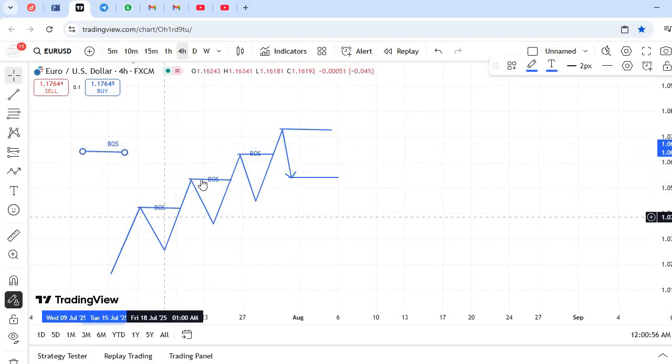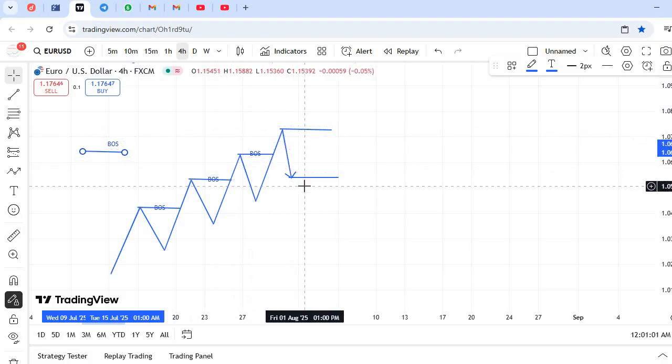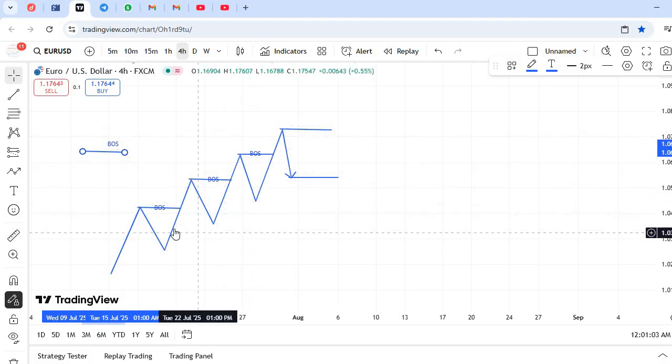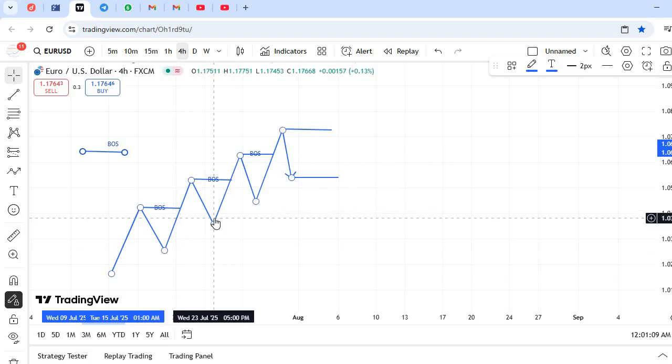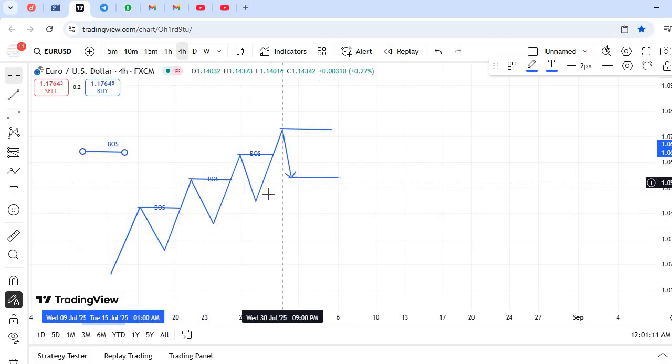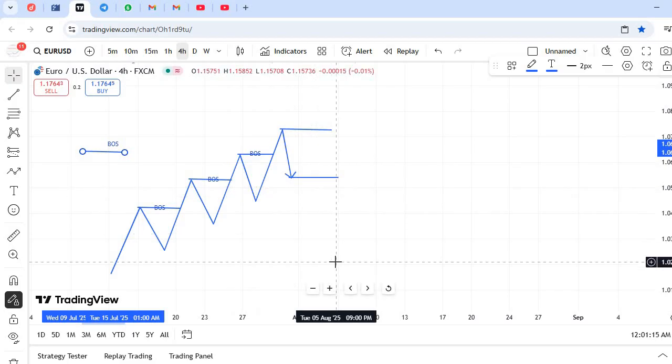So first break of structure, second and the third. Like I said, this is an uptrend. So the low sustains the trend in an uptrend. You can see the first low, the second low, the third low, the fourth low. So these lows are not expected to be taken out.